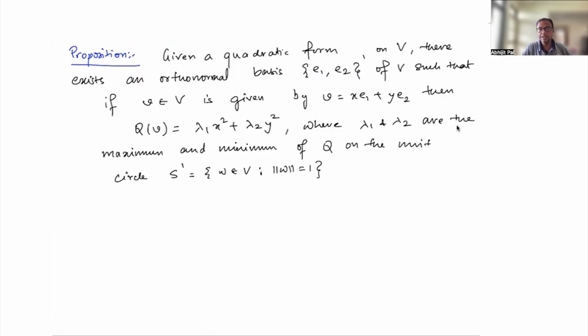So this circle is taken in the inner product space V.